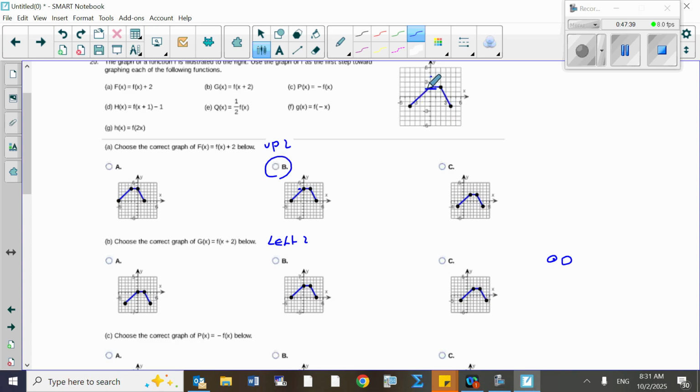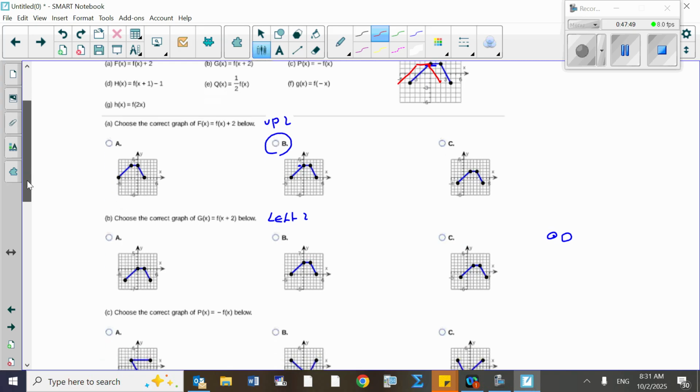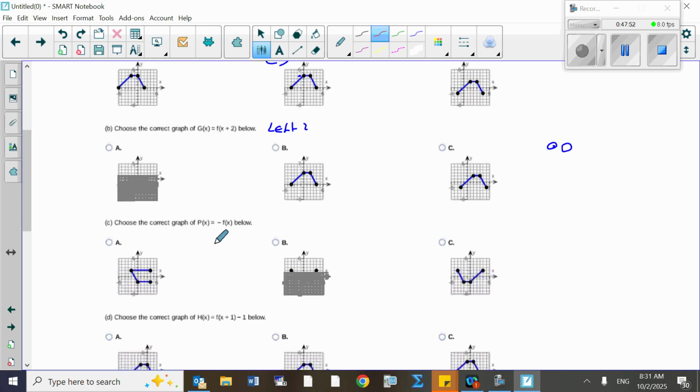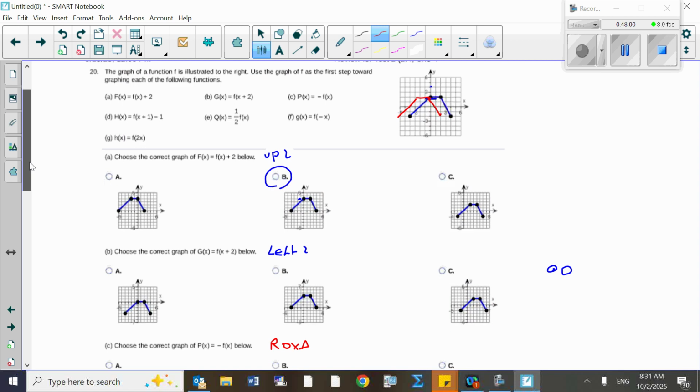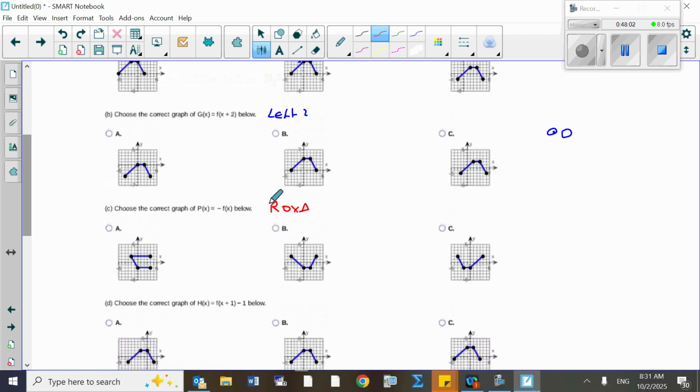So if you see a graph that looks like this, kind of this form, that's going to be our graph. It should be moved left. This one is negative f of x. That means this is a reflection over the x-axis. So which one is a reflection of this function over x? It looks like it's this one.